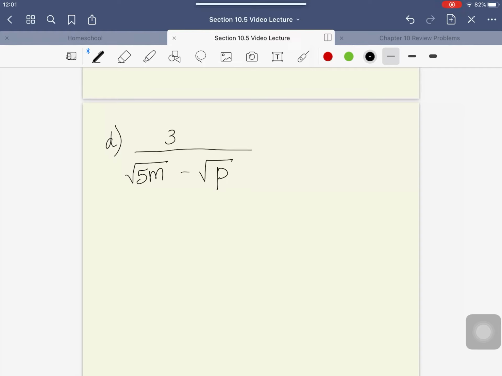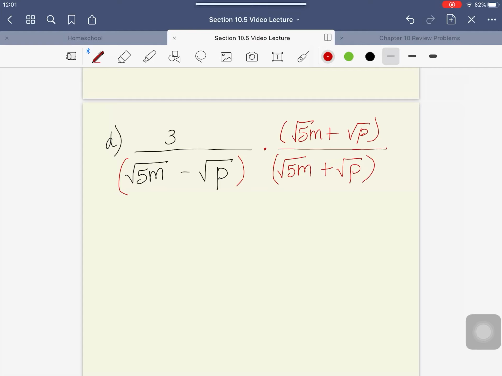All right, again, I want to rationalize. So I will multiply by the square root of 5m plus the square root of p. Okay, so distribute in the numerator and get 3 square root of 5m plus 3 square root of p.